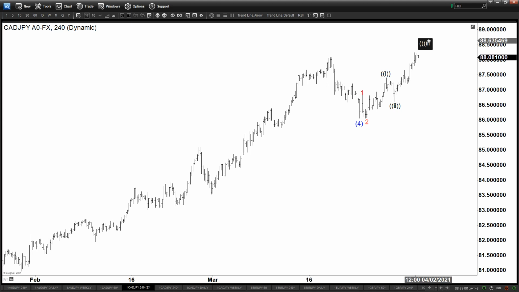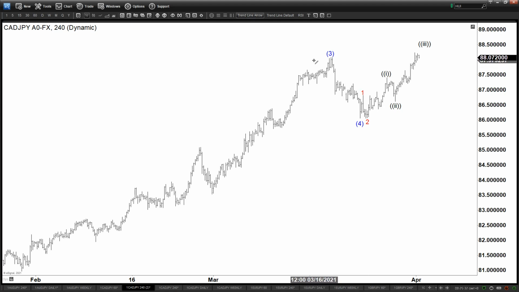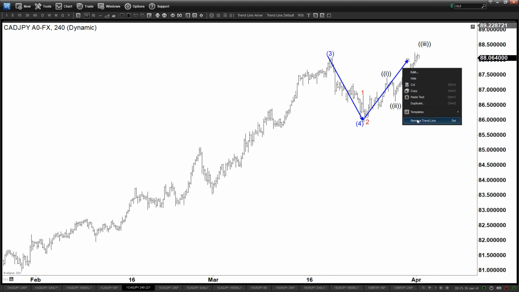You can see that Canadian dollar yen actually managed to break the previous peak here, suggesting this should be a 3 here if this is a 4, that it is a confirmed end of the correction last week in this wave 4 here, right? Because it has broken above 3, so it rules out, for example, a double correction like this because we break above that wave 3.